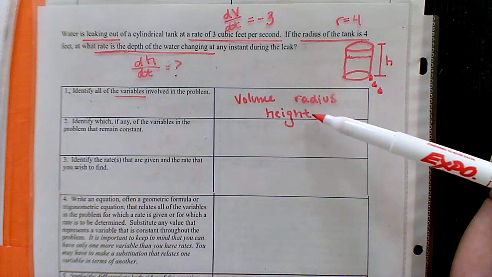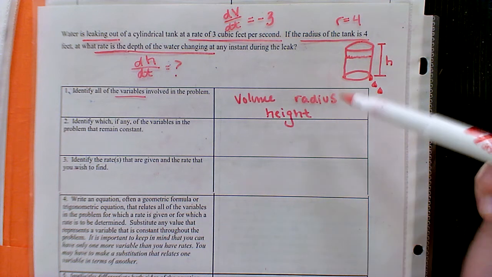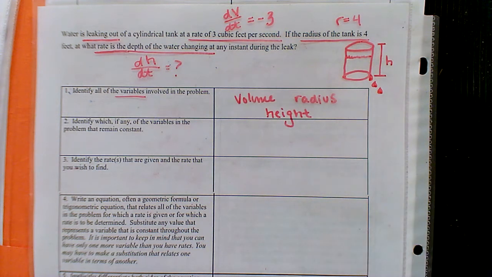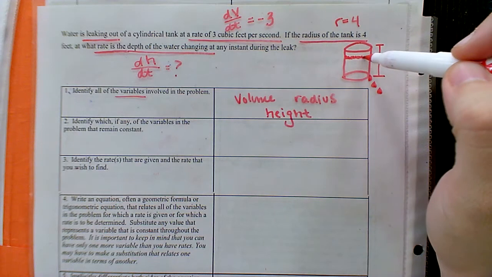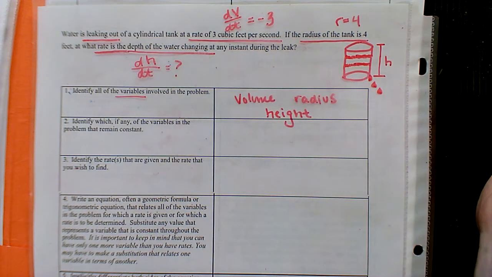As you're losing water, is the height of the water changing? Yeah, that's not constant. As you're losing water, is the radius of the water changing? What do you think? No, right? It doesn't matter if your water is kind of up here or maybe down here. Don't they always have the same radius?